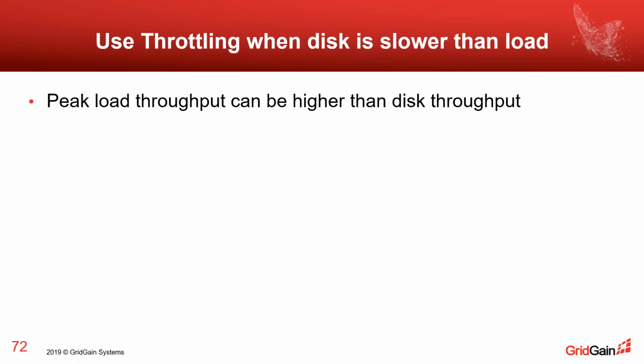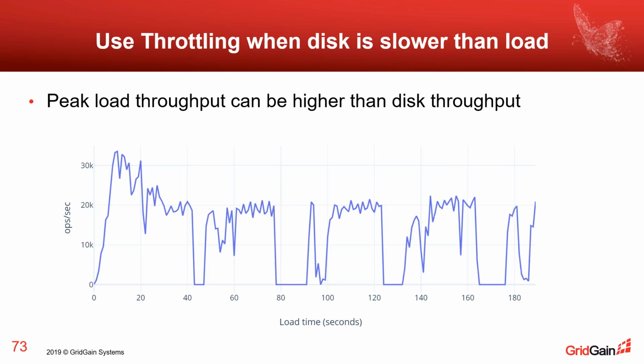Okay, the next case that may suddenly strike you is that your system may experience peak load throughputs that can be higher than your disk throughput. If you remember, dirty pages are accumulated in RAM, and when there are lots of dirty pages, checkpoint starts.